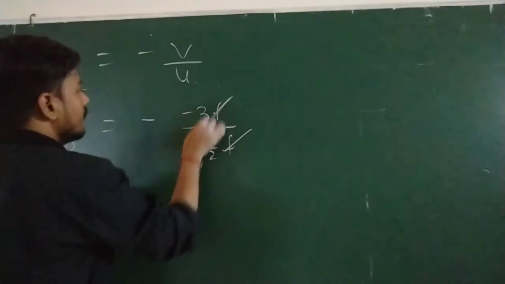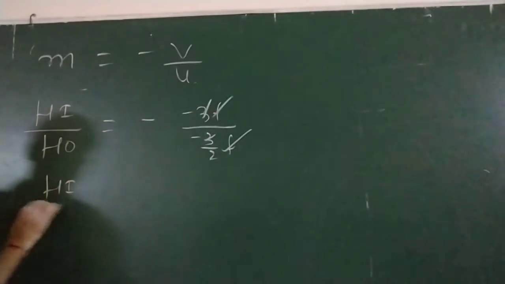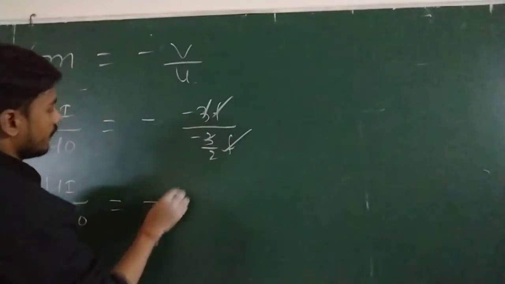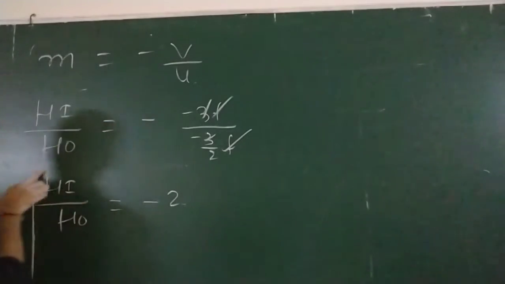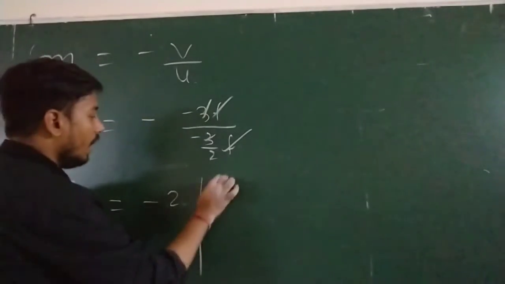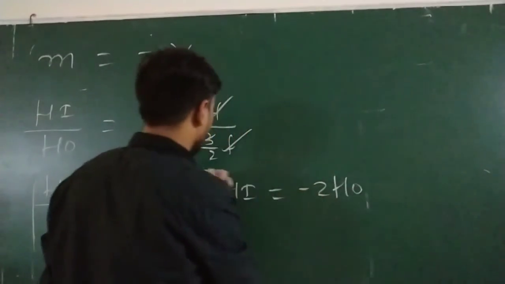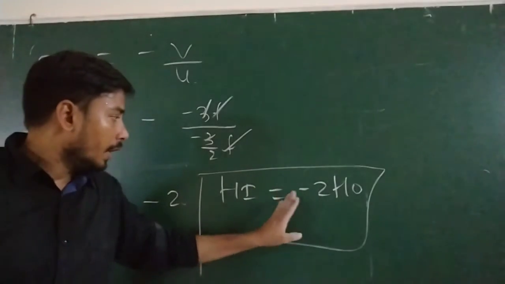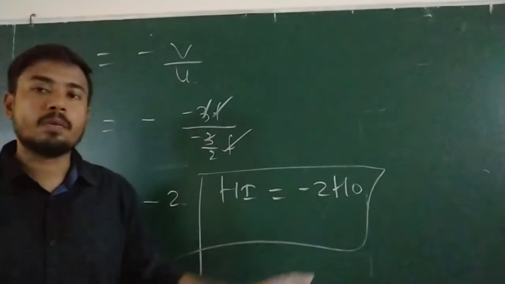So F gets cancelled, 3 gets cancelled. So height of image divided by height of object comes minus 2. So from here we can say height of image is equal to minus 2 times height of object. See, again if we ignore this sign, the height of image is twice the height of object.